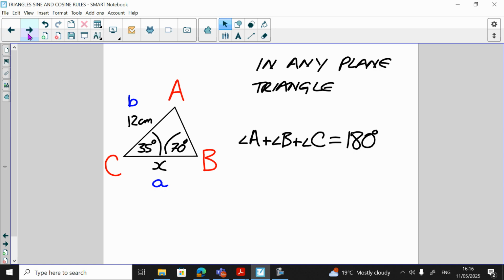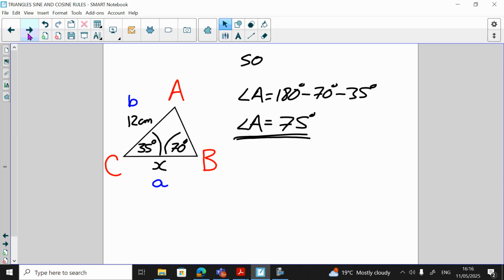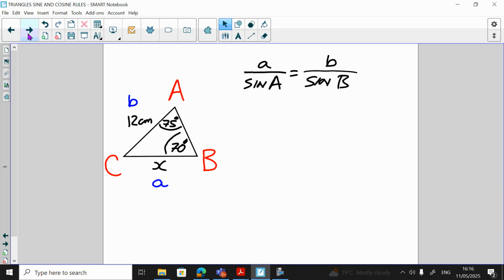So we've got two angles here. So why don't we take the other two angles away to give us the angle that we require? Angle A is 75.